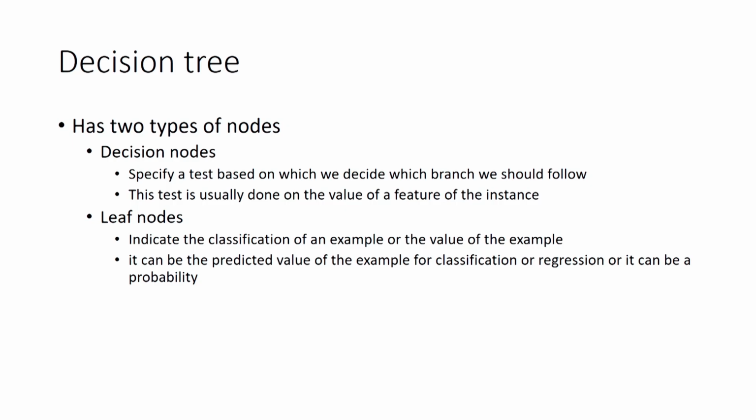But the idea behind any of these decision tree algorithms is the same: we will split the data set into different parts, and then we will try to find the prediction based on the decision rules that are embedded in the tree. So in a decision tree we will have two types of nodes, decision nodes and leaf nodes.